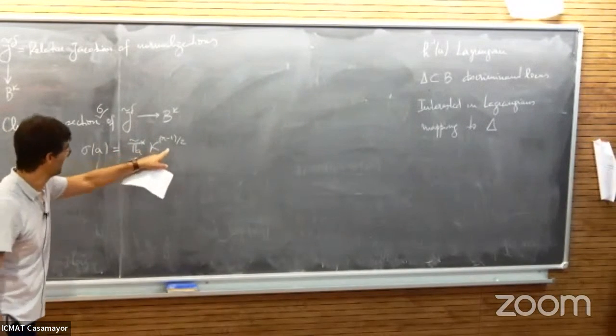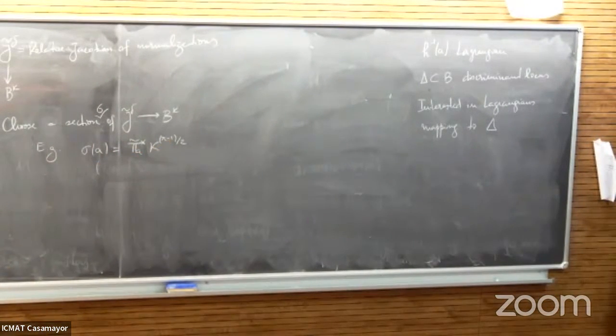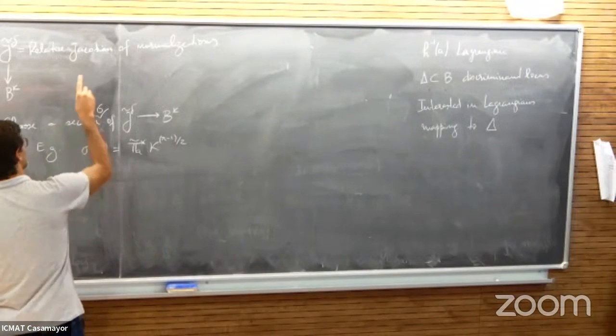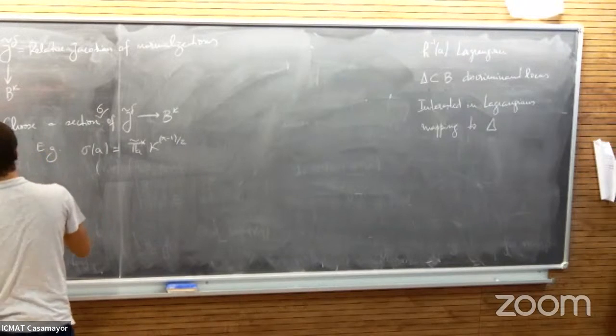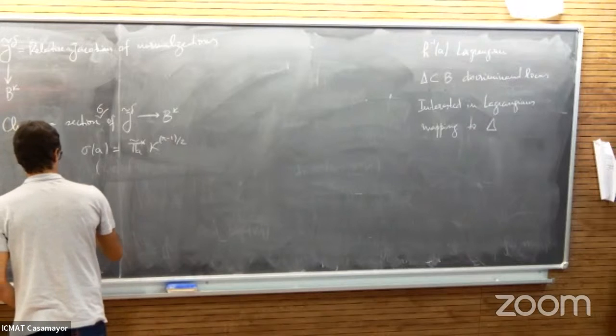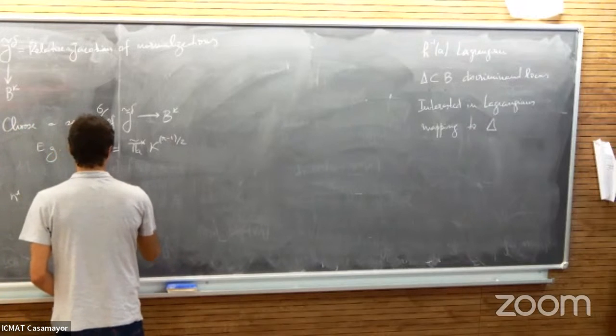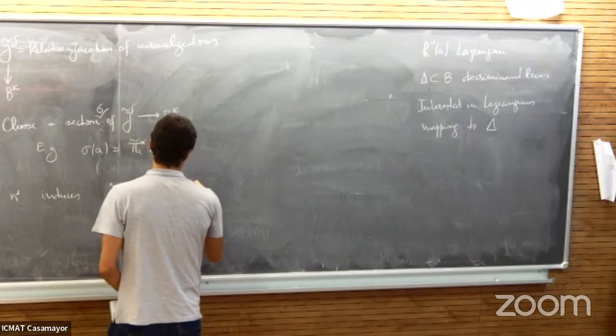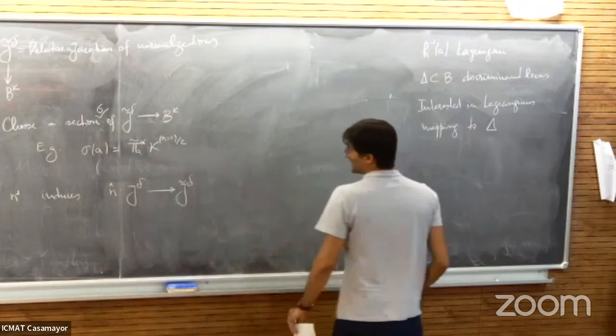Any other line bundle of the appropriate degree would work. Now this map here, N star, induces a corresponding map on the relative generalized Jacobians and Jacobian.